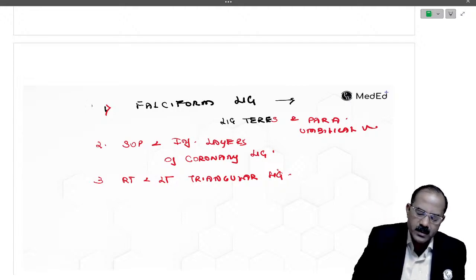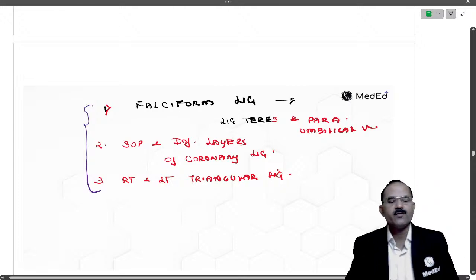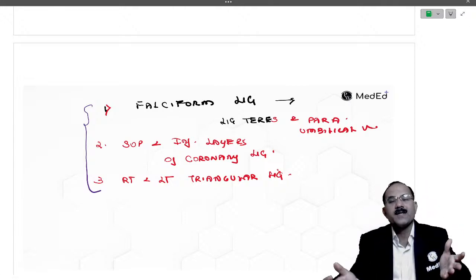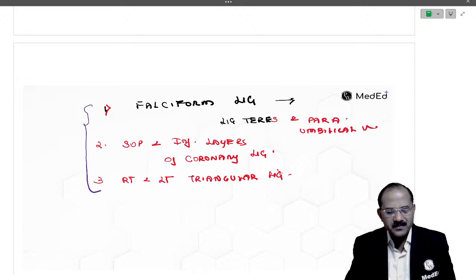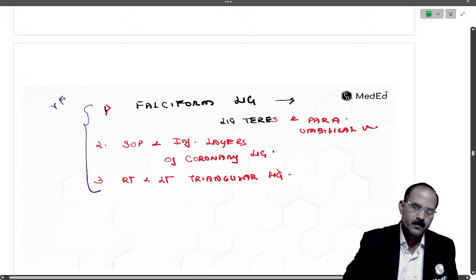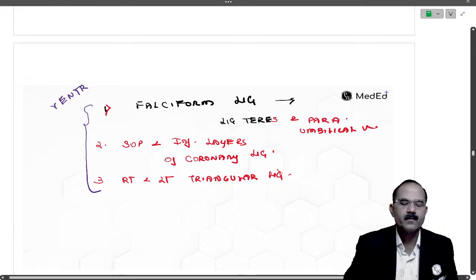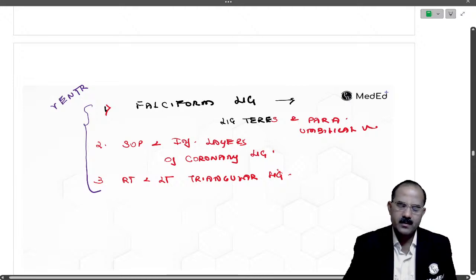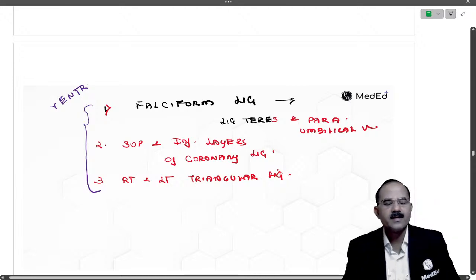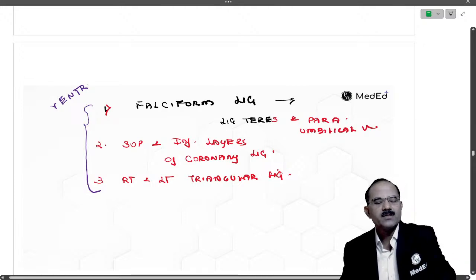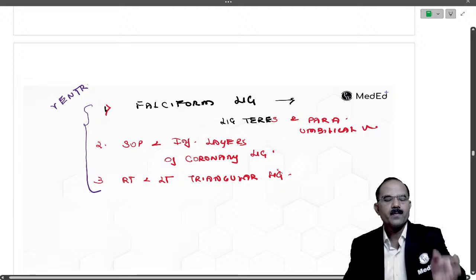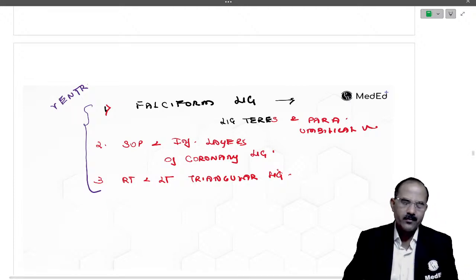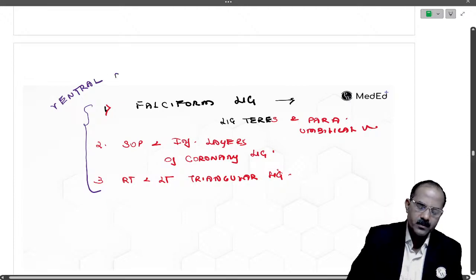And all this is derived from what? Any guesses? If anyone can answer this. All these ligaments are derived from the ventral mesogastrium.